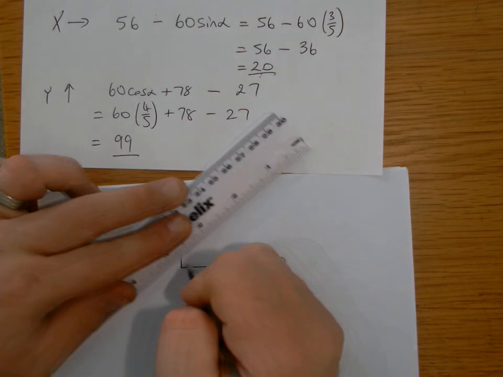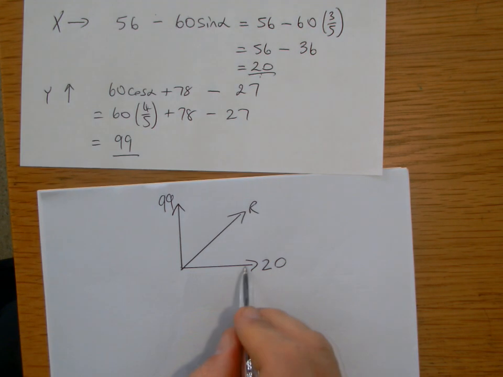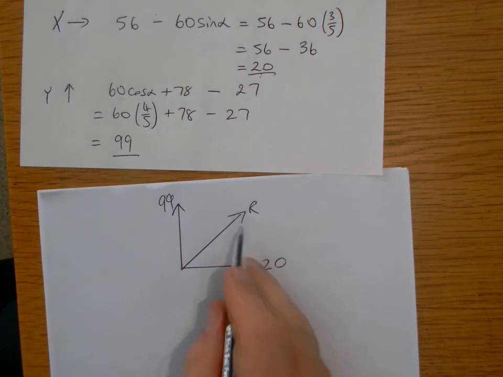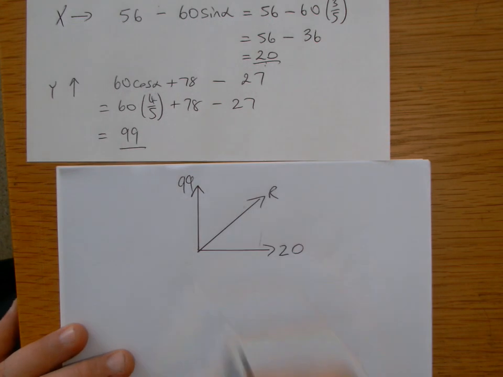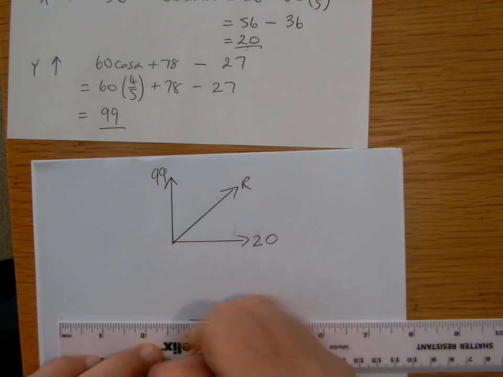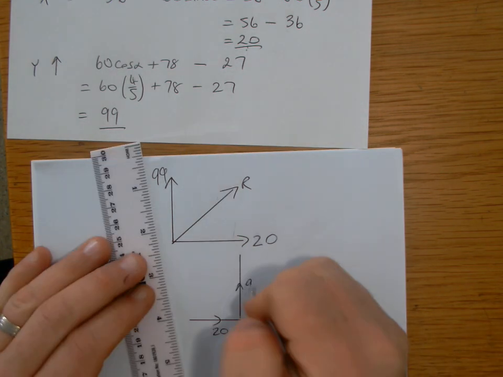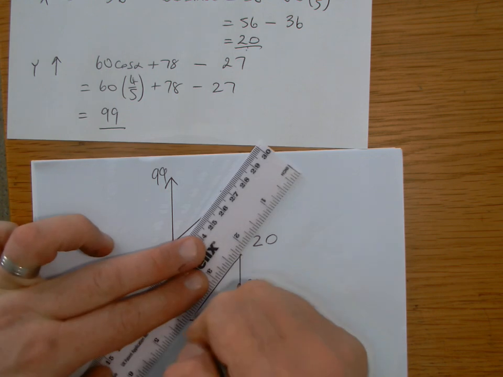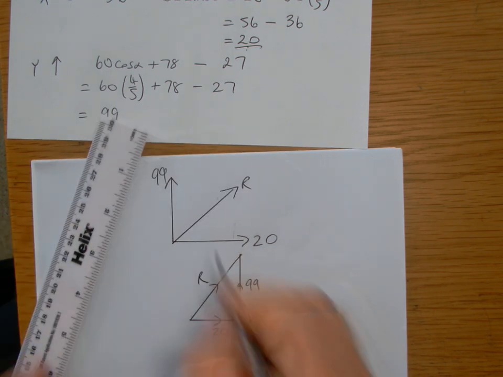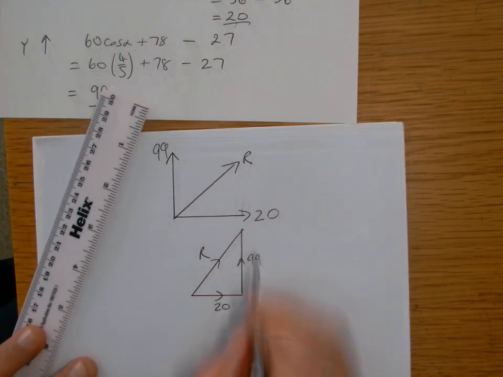So overall, the resultant is going to be going this way, because you're going across 20 and then 99 in the y direction. To work out the resultant, we can consider the overall effect, the triangle that's created: 20 that way, 99 that way.